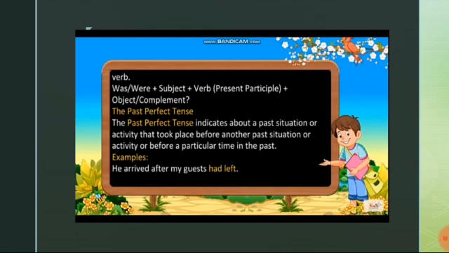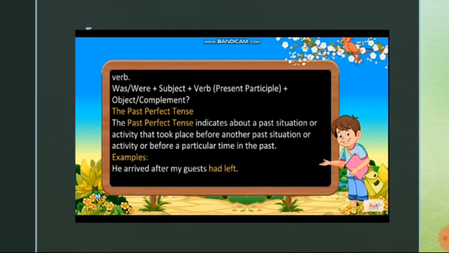So verb form is was or were plus subject plus verb in its present participle form, then the object or complement. Remember children, was is used with I, he or she and singular subjects, and were is used with we, you, they and plural subjects.